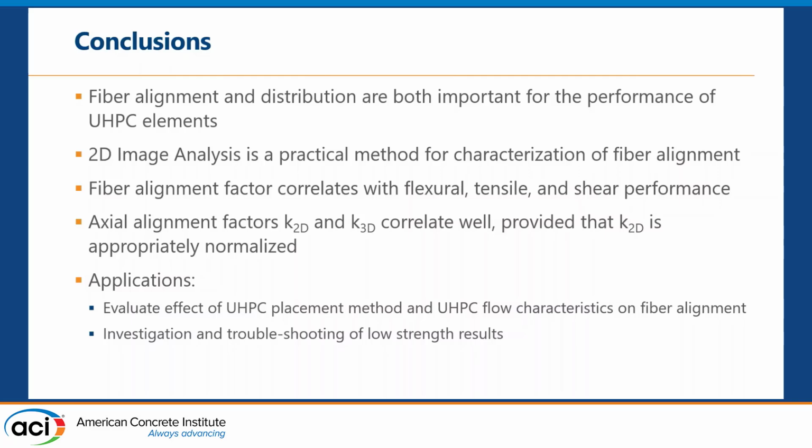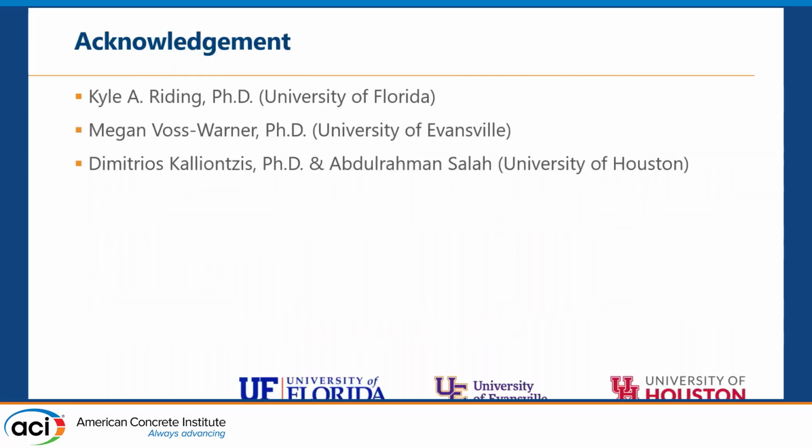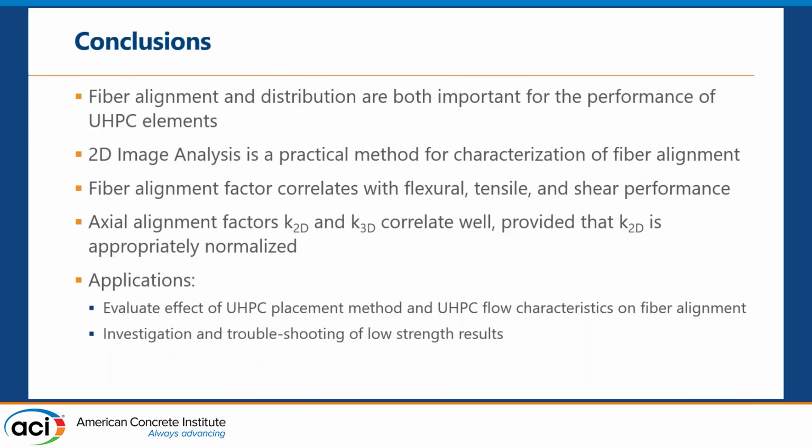The fiber alignment factor that we got correlates with flexural, tensile, and also shear performance. Between 2D and 3D, the factors correlate well, provided that the 2D parameters are appropriately normalized.